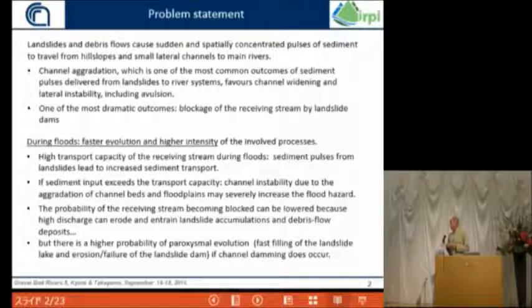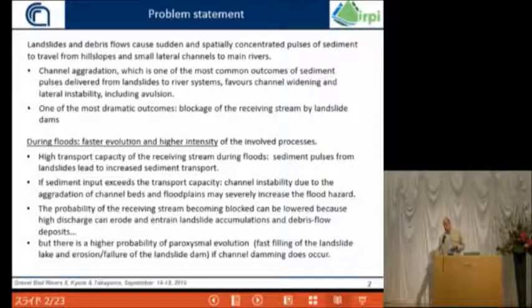Basically, landslides and debris flows are responsible for sudden and spatially concentrated input of sediment to the channel network. This has several relevant consequences. For instance, channel aggradation is a quite obvious outcome of these processes. This favors channel widening and increases the probability of lateral instability, and this can also result in channel avulsion.